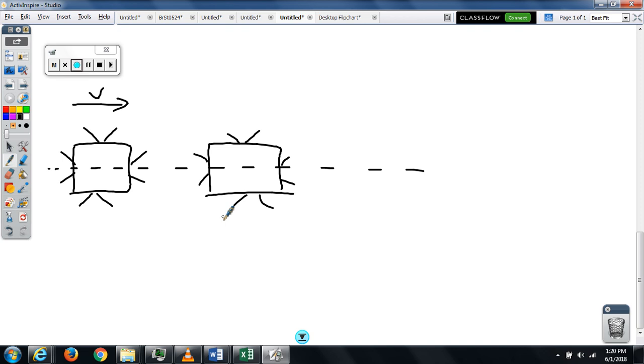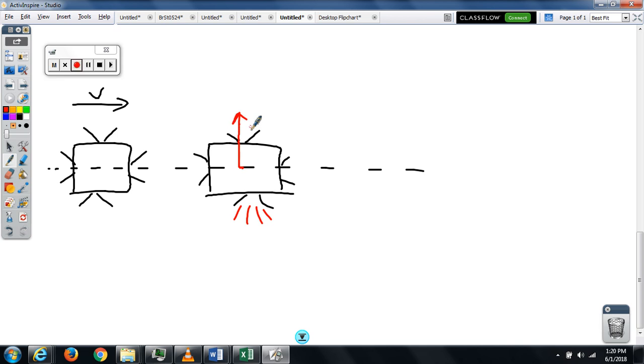But now we're going to change the path of this rocket. So what we're going to do is allow the rocket to fire the thrusters this way. What that's going to do is provide a force that's upward.